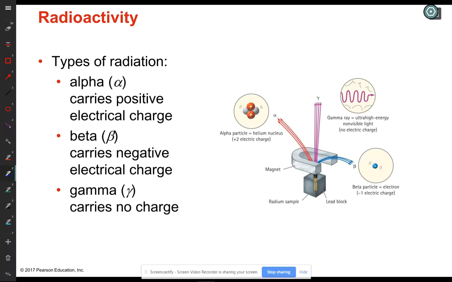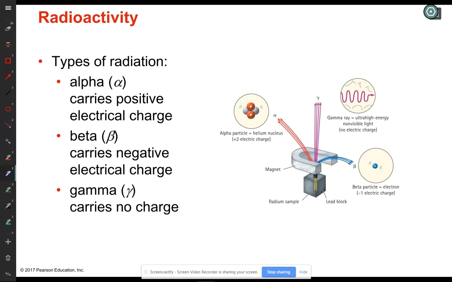And so then we get a whole bunch of people involved studying this, like, what in the world's going on? Because scientists are very curious people. That's why they went into science. And so one of the things that was studied was what happens if you put these charged particles through a magnetic field. Or these charged particles. What happens when you put this radiation through a magnetic field? Now, if there's no charge, nothing should happen. But if it's a positive charge, it should bend one direction.